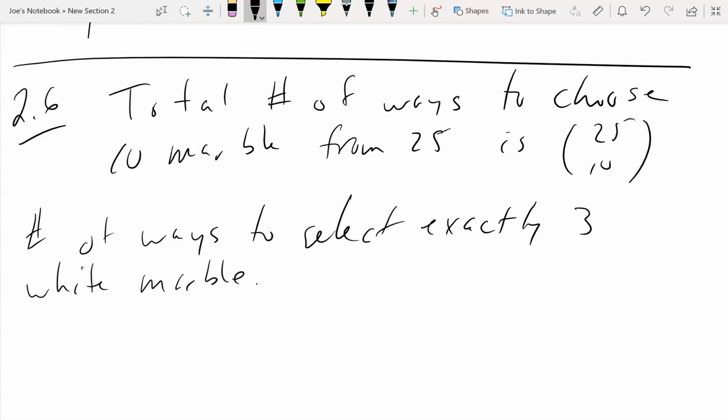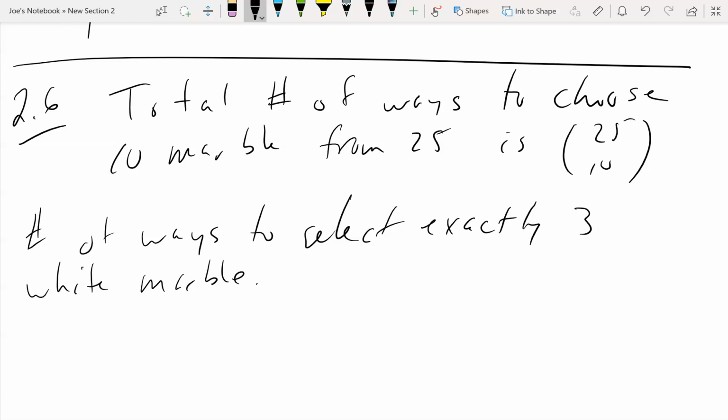Let's give it a specific number. I just picked 3 out of a hat.